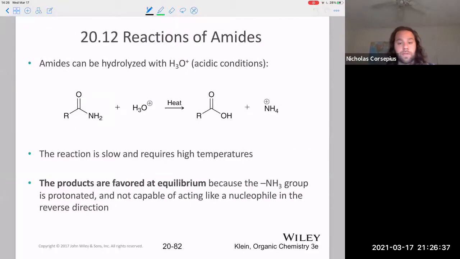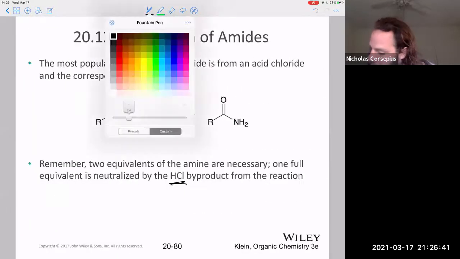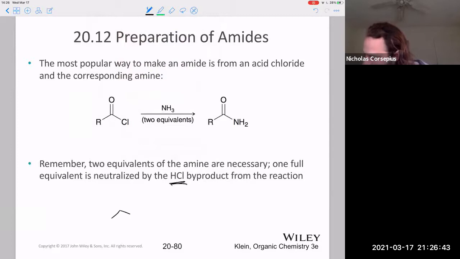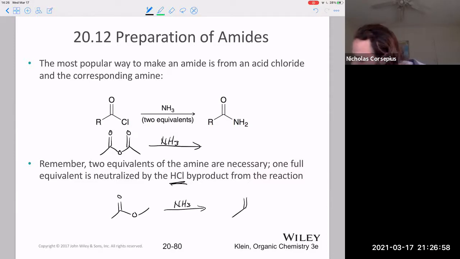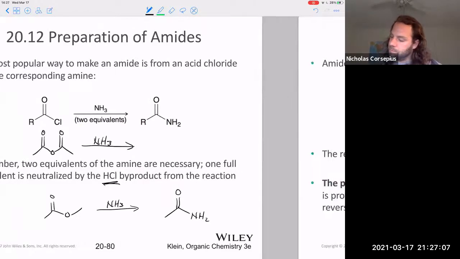So now talking about the reactions of amides, I guess real quick, also, just to review, we had the method where we could do the same thing with the acid anhydride, just tossing in the amine. If we had an ester, we can do the same thing. So it was really easy to convert from one of those more reactive groups to a less reactive group.